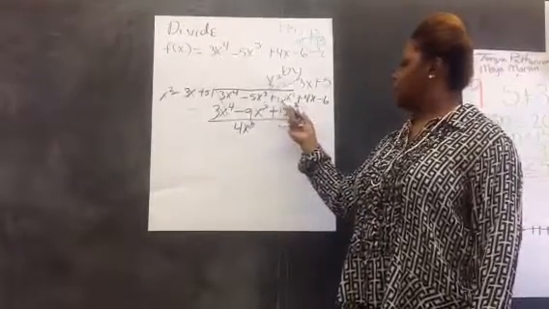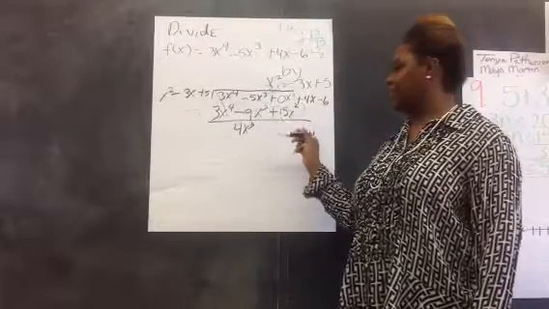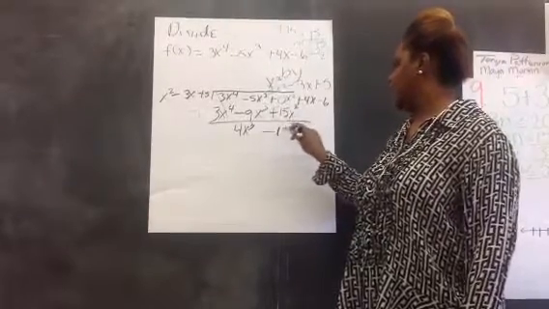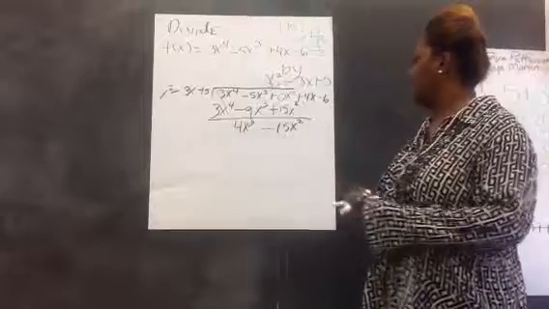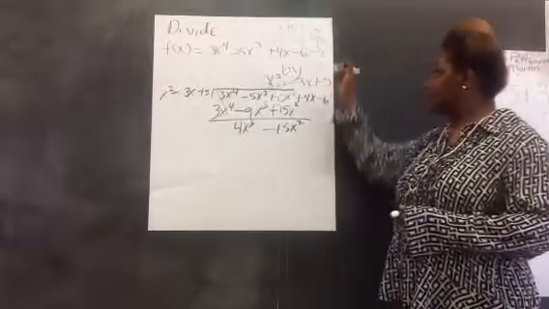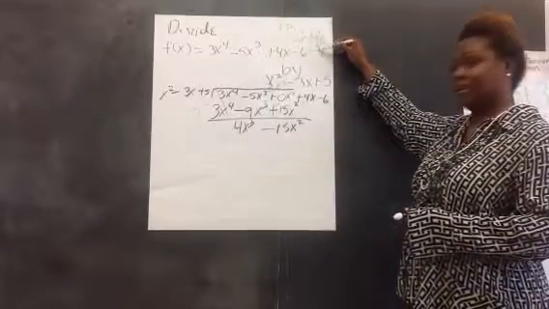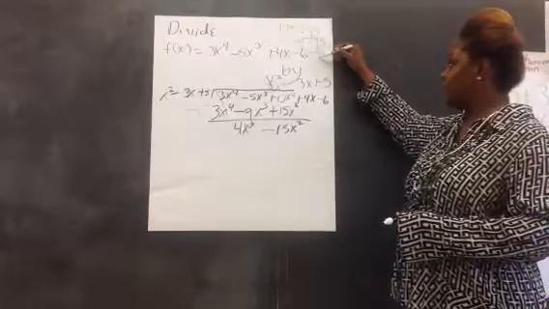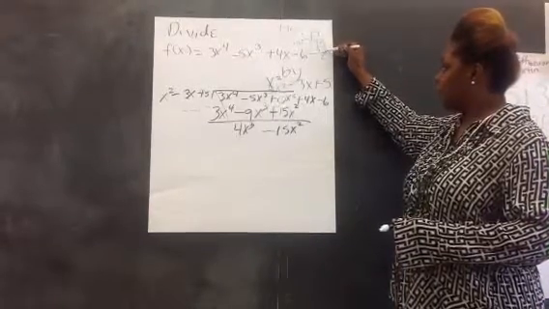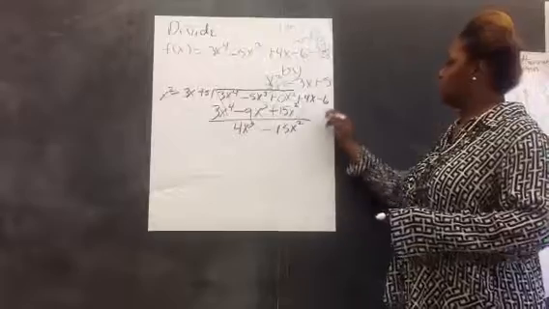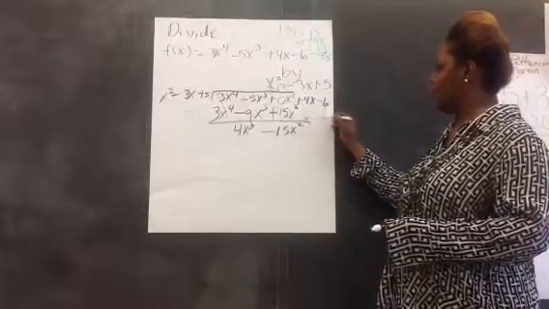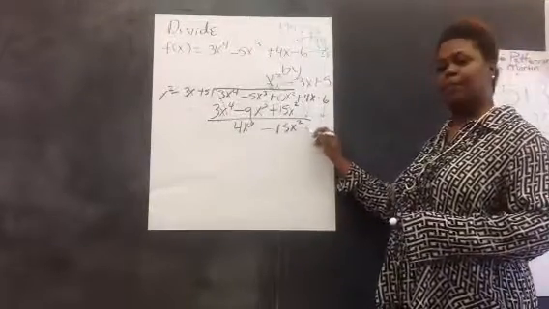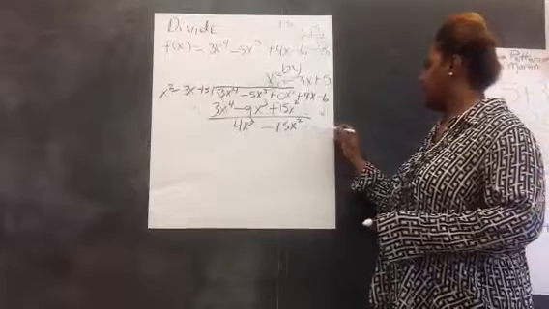We'll get 0x squared plus a negative 15x, so a negative 15x squared. Look at this example again, because when I subtracted 17 and 15, I got 2 left. But what did I do with the next number? I brought it down. So, same here, you will bring the next 2 numbers down, which is a positive 4x minus 6.